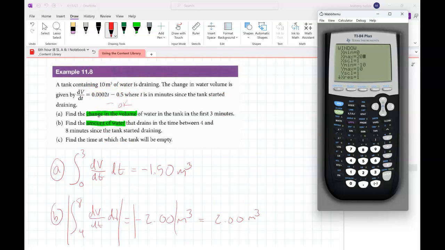I still have 10 in there, so maybe I have to really extend that out. So maybe I made that like 50 or something. Let's hit graph and see what I get here. Okay, here's my graph.